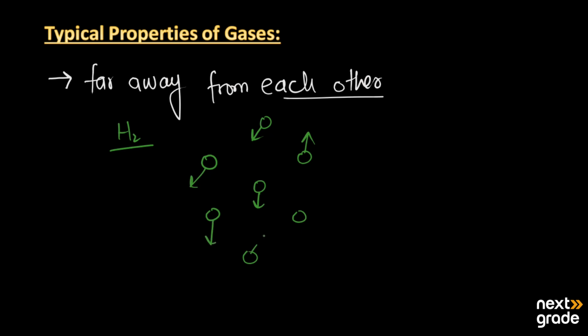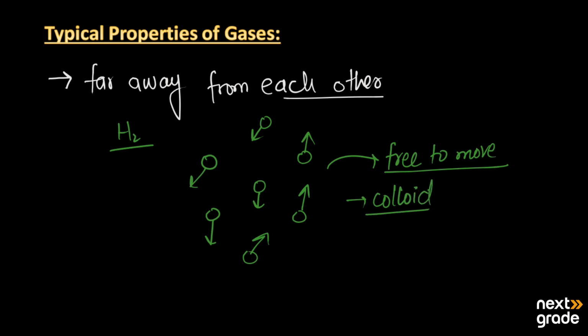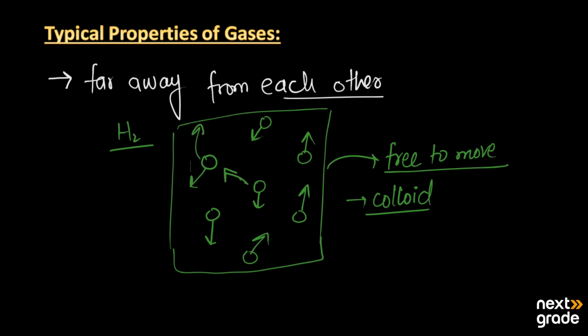There is no force that binds these molecules, so they can move here and there and collide with one another and with the walls of the container. So there is no force of attraction and no force of repulsion between the molecules of any gas.